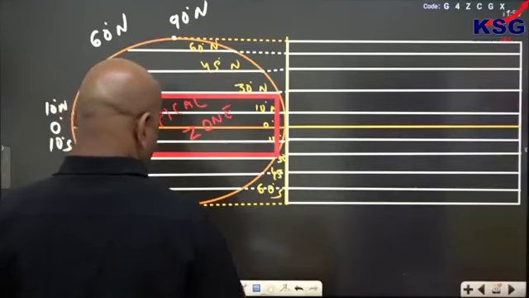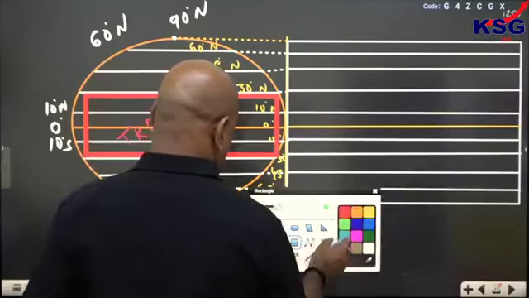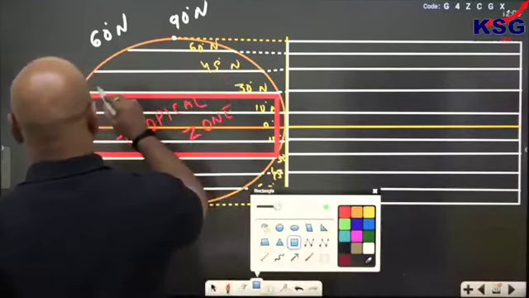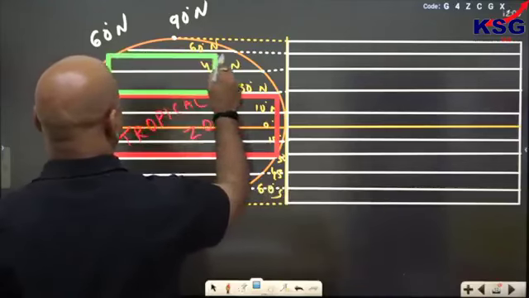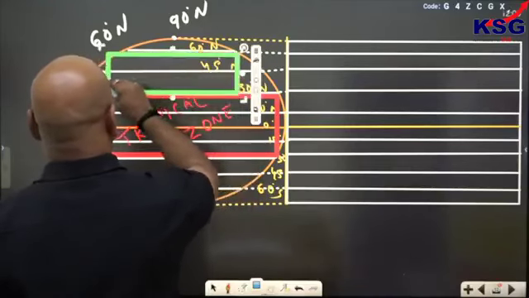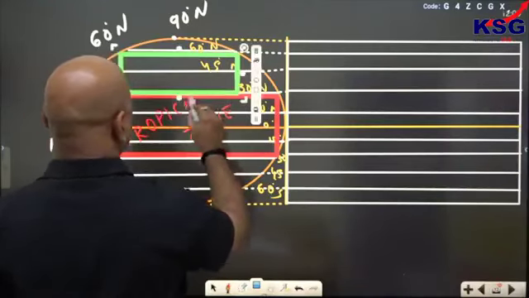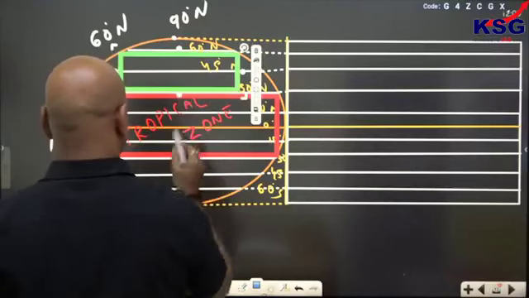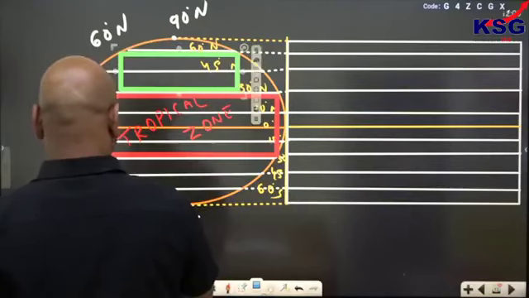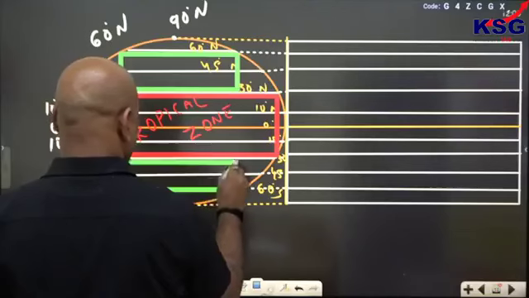And 30 to 60 is the temperate zone. Here it is the temperate zone. 30 to 60 is temperate zone.